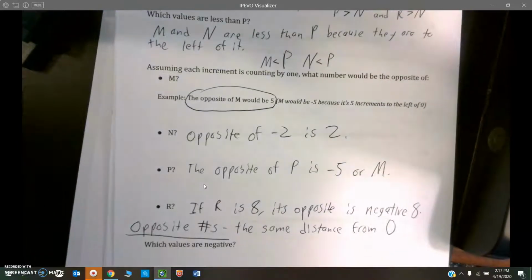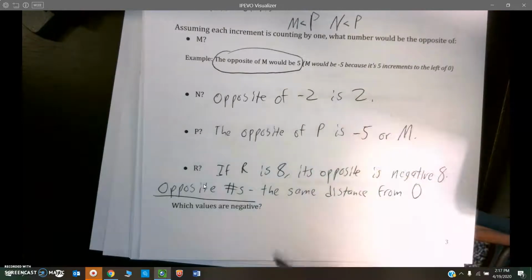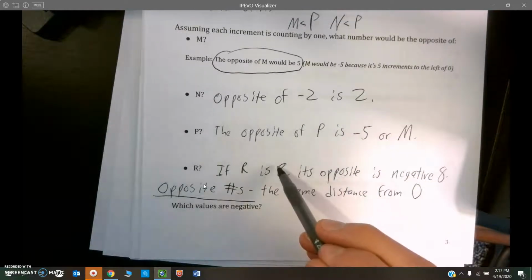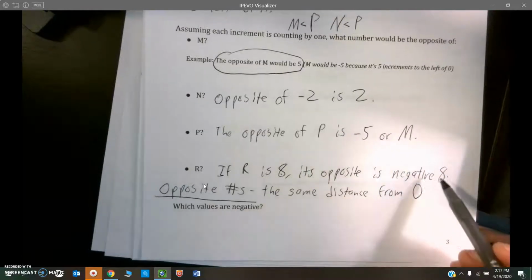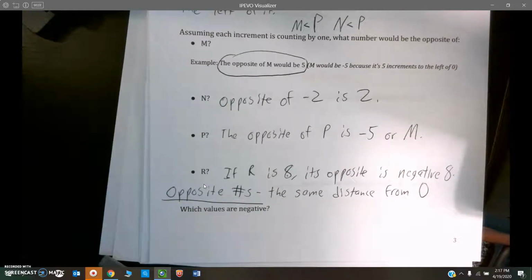If we think about -2 and 2, this is 2 to the left of 0 and 2 to the right of 0. 8 is 8 units to the right. This is 8 units to the left. Okay, so opposite numbers have the same number. One's positive, one's negative, and they are both an equal distance from 0.